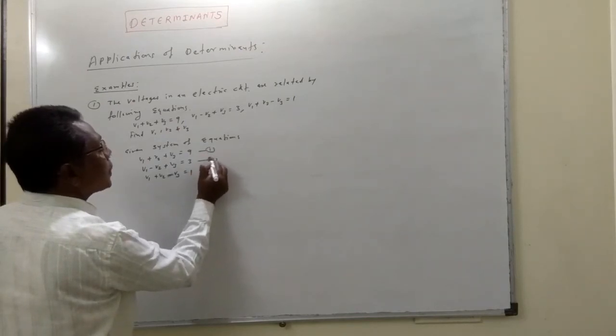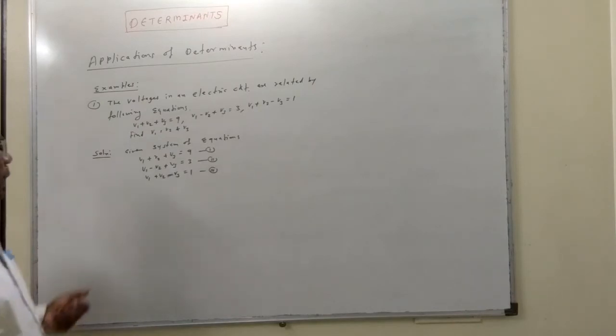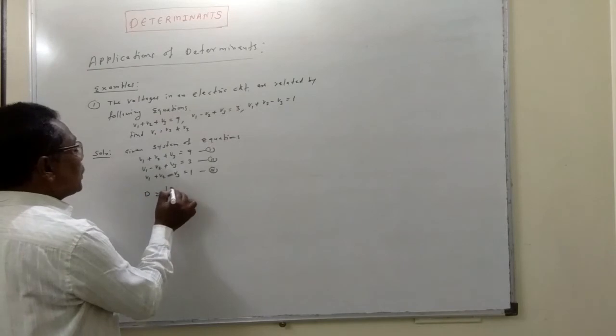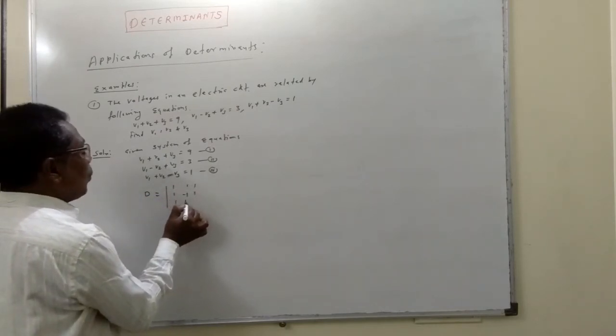Name these equations first, second, third. Okay, now we find D, determinant of coefficients. So 1, 1, 1, 1 minus 1, 1, 1, 1 minus 1.